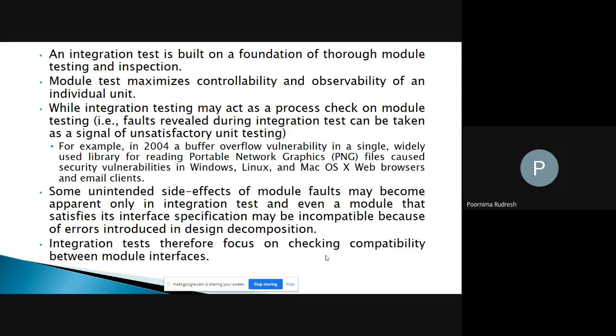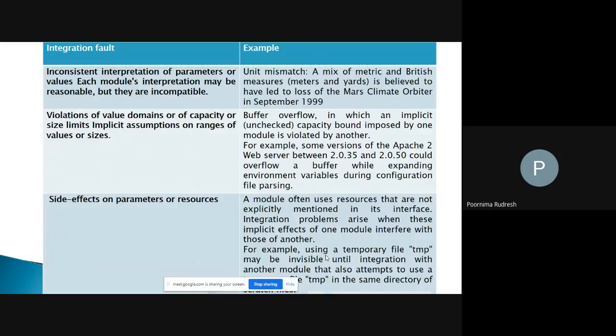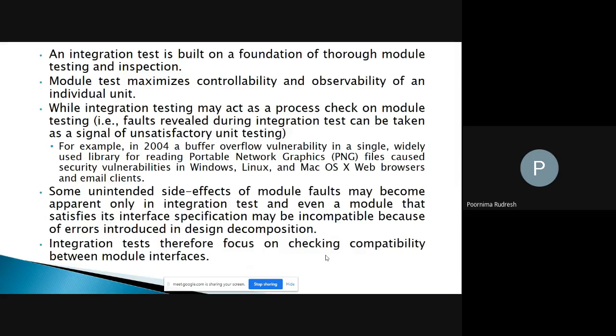Integration faults are caused by incomplete specifications or faulty implementations of interfaces, resource usage, or required properties. Okay, understood?